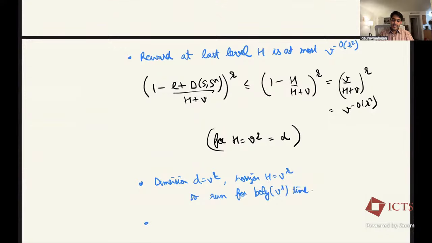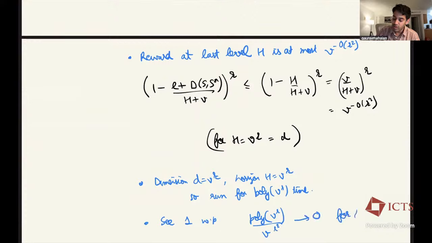And such an algorithm will visit the last layer poly V to the R times, right? So it's going to see one with very, very small probability, because poly V to the R divided by V to the R squared is basically going to 0 for large V. So you're basically never going to see 1.